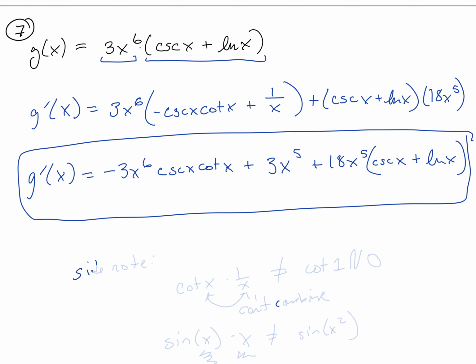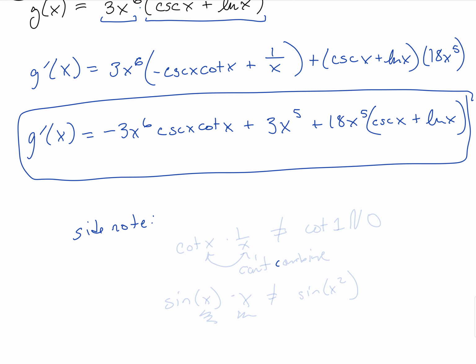Just as a side note, if you have something like cotangent of x times 1 over x, these things do not cancel, you cannot combine or do anything like that. This is not equal to something like cotangent of 1.